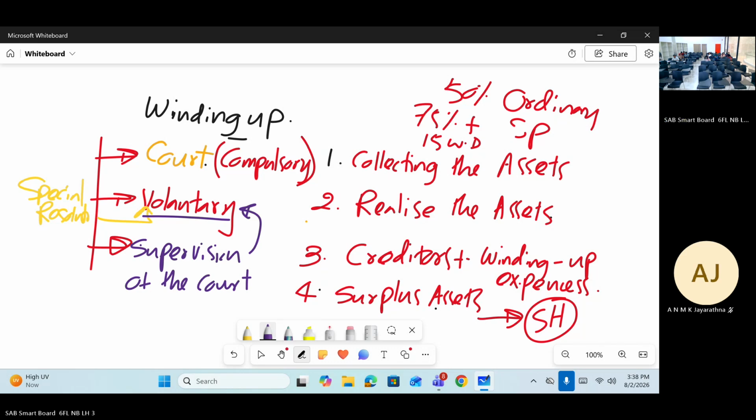Now, actually, out of these three modes, the very important one is winding up by court.